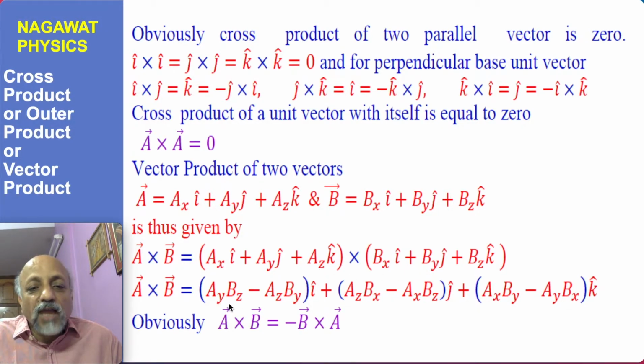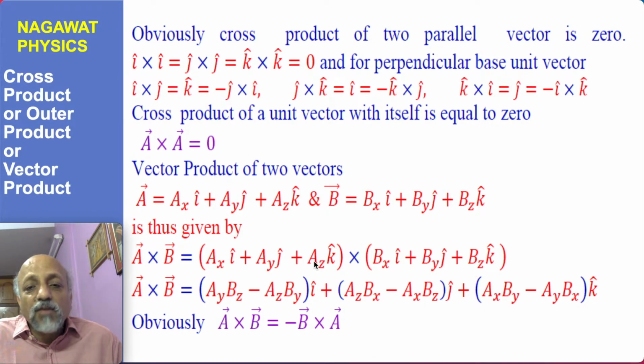So we have Ay Bz minus Az By here with the i cap, and similarly with the j cap you can understand that j would be involved in 2 terms, this particular Ax Bz, but Ax Bz is i cross k and i cross k is minus j, so Ax Bz is written here with a minus sign.